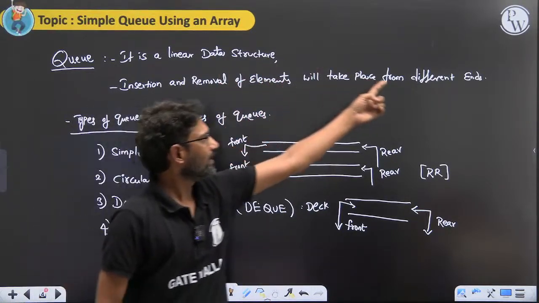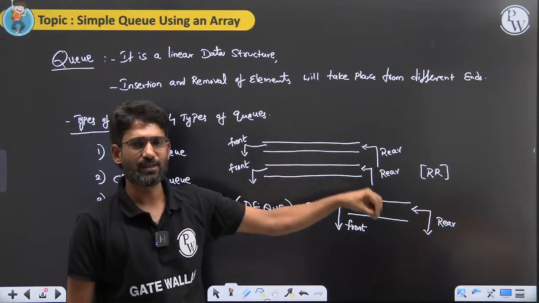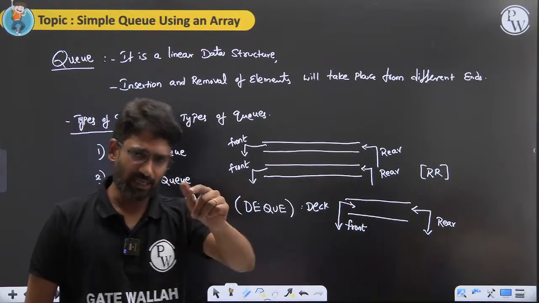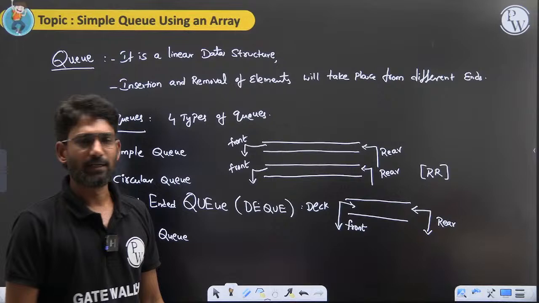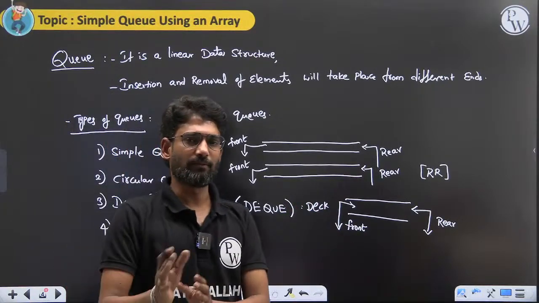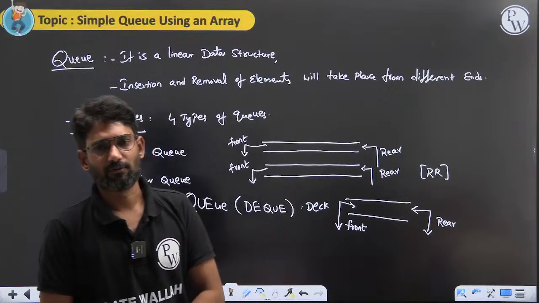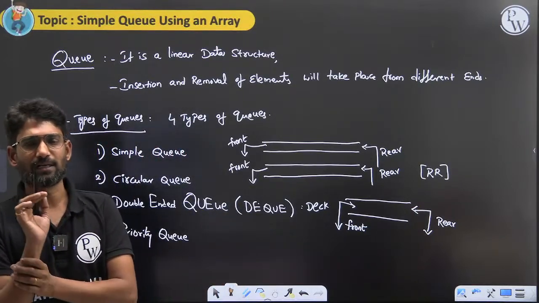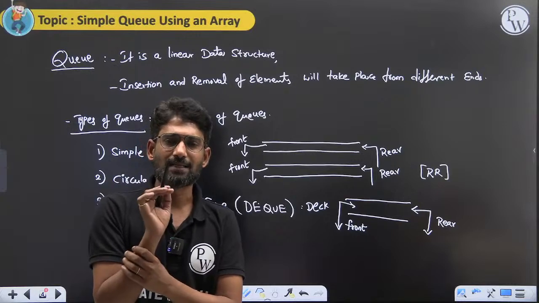So this will be little changing with respect to deck. But of course, there again some constraints are there. Input restricted, output restricted. So when we discuss about deck, we would be understanding the subtypes of it.